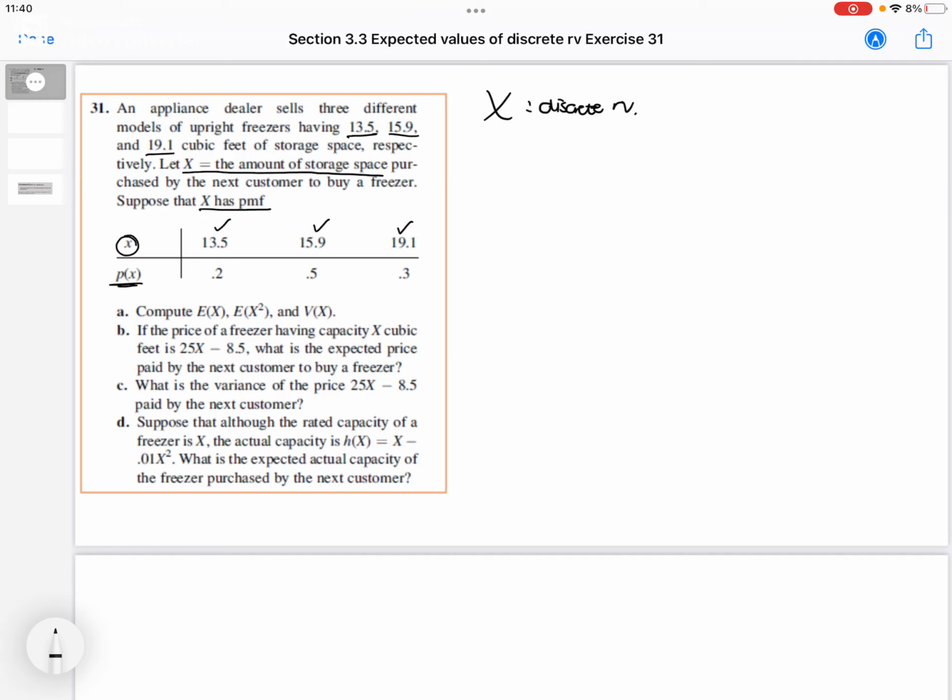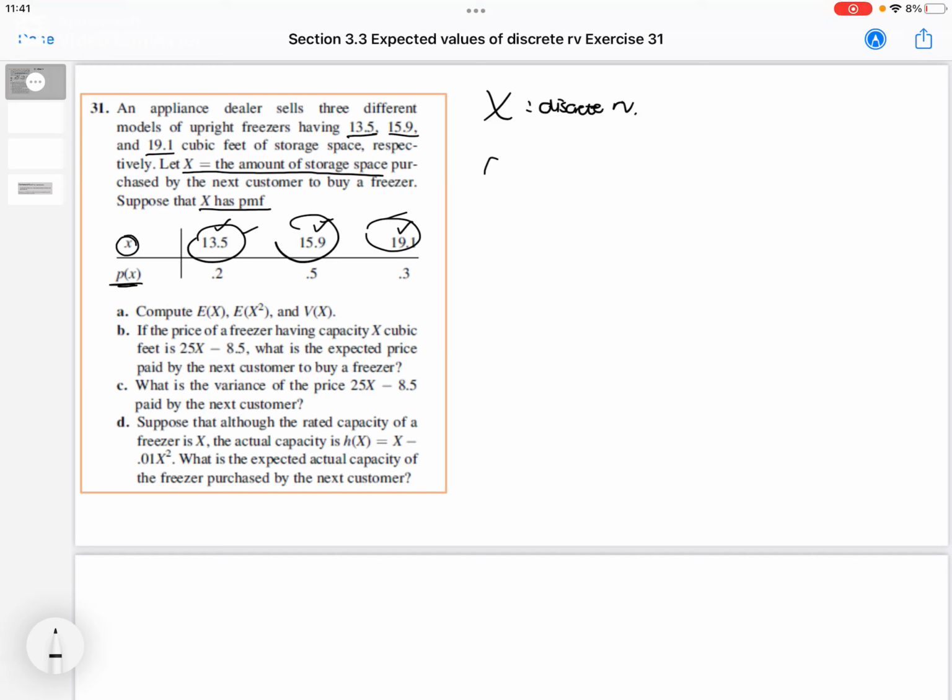So read your definitions carefully and understand what they're trying to tell you. Since x can take on only 3 distinct values, 13.5, 15.9, and 19.1, we will say that our random variable is a discrete random variable. There are no other values that are possible in this scenario.